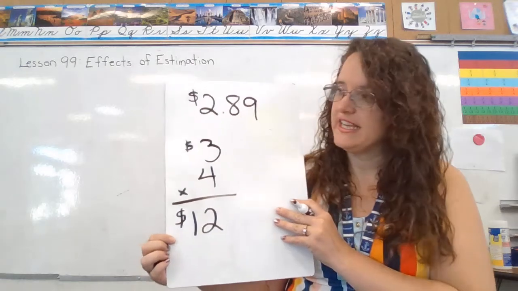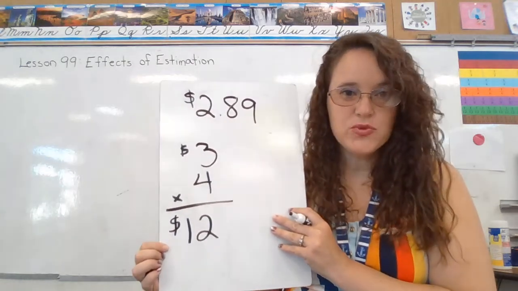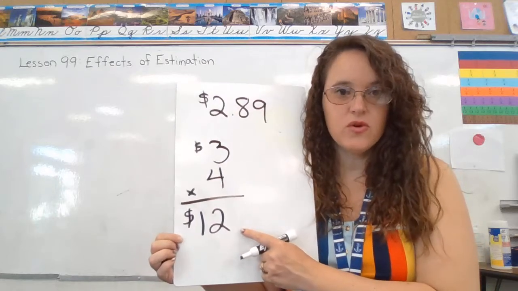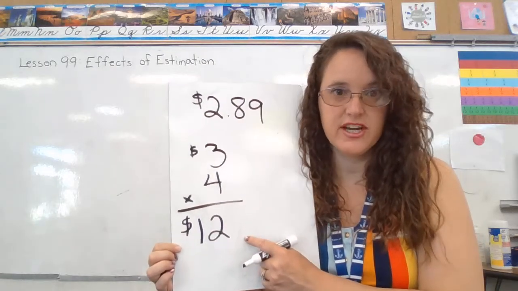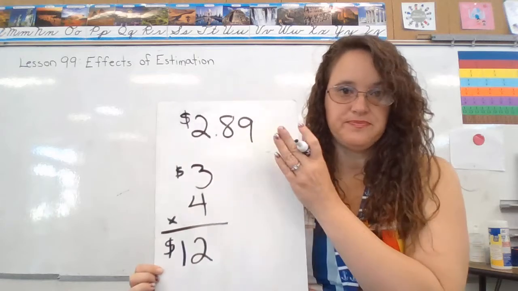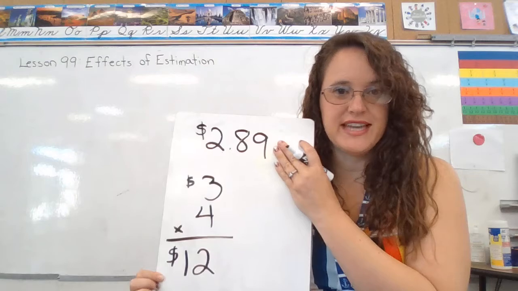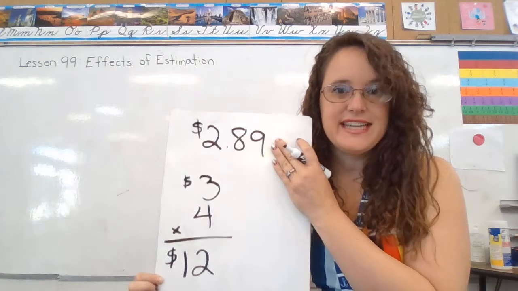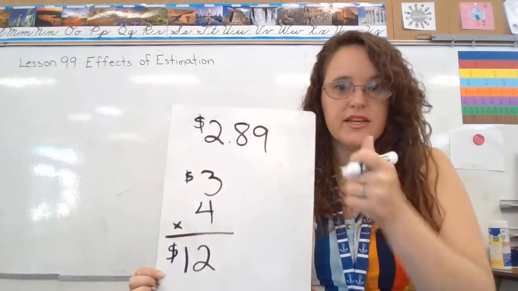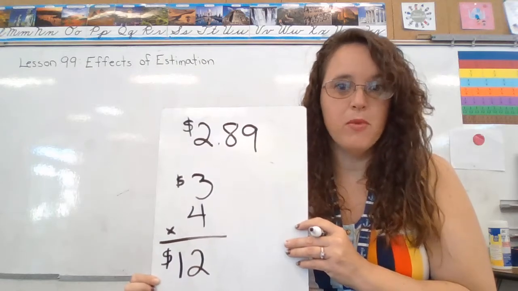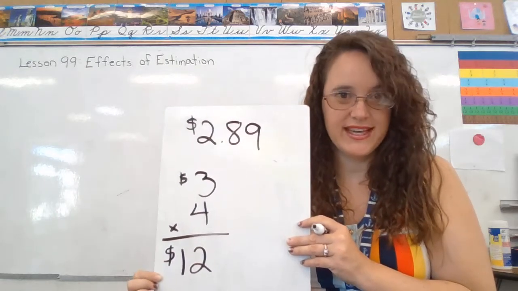Now the question is, is the actual price going to be a little more than $12 or a little less than $12? Here's the trick. The actual price per gallon is $2.89. Deb rounded up. So she said that each gallon is going to be a little bit more than what it actually is.